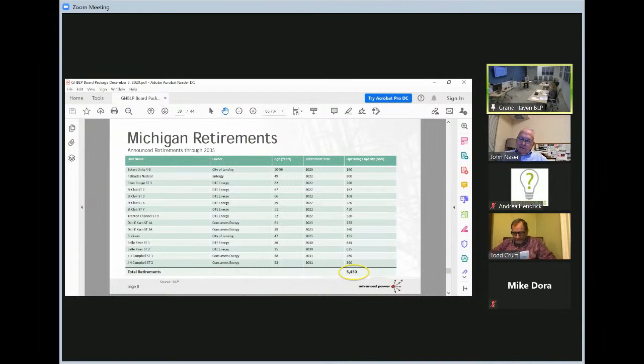So we are taking, based on this chart right here, between now and 2030, 5.5 gigawatts, that's 1,000 megawatts. So 5,450 megawatts of capacity out of the marketplace in the next 10 years.